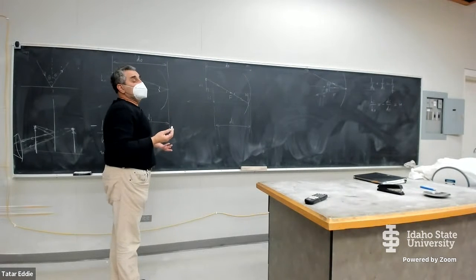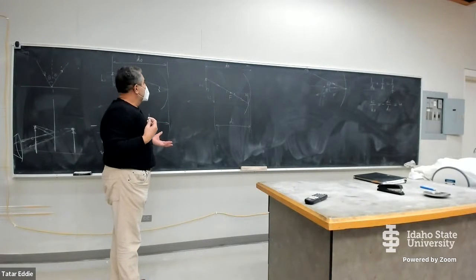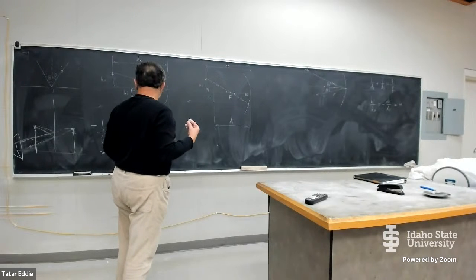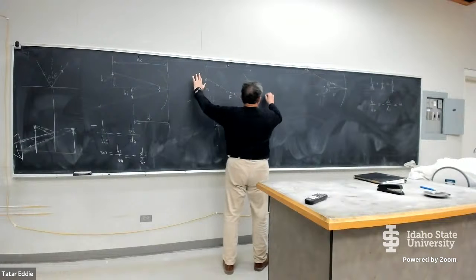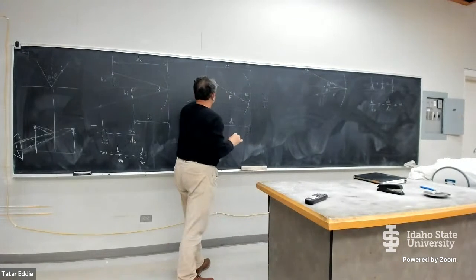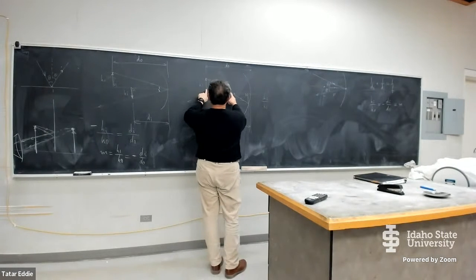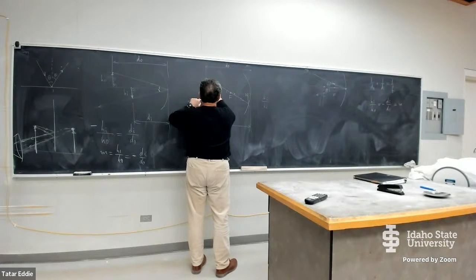Again, the similarity means that the ratio of lengths is the same. So let's form that ratio. So let's say maybe forming HO divided by HI should be the same as this. But this length is what?